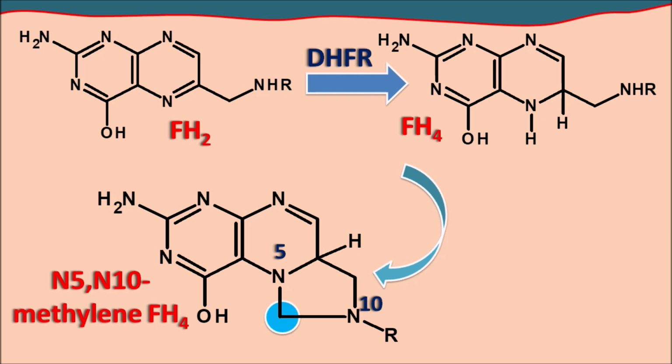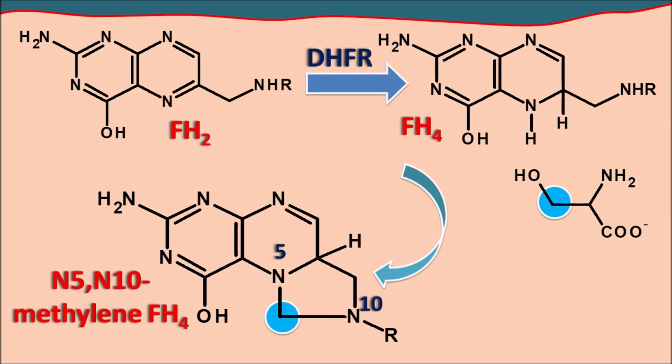In this way, FH4 is converted to methylene FH4 in this step, but where is this methylene group going to be obtained? So there should be some donor for the methylene group. Here one of the amino acids, serine, is going to act as a donor for the methylene group. Now you can observe serine has one methylene group which is going to be transferred to this FH4 in order to convert it into methylene FH4.